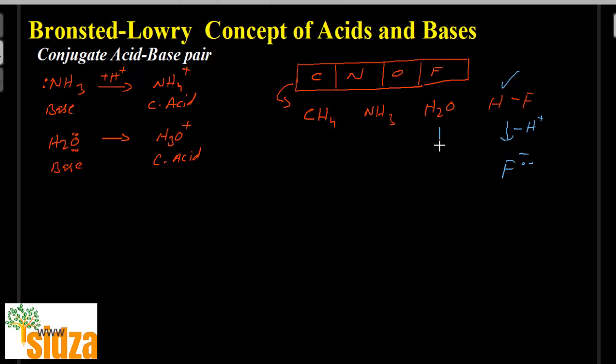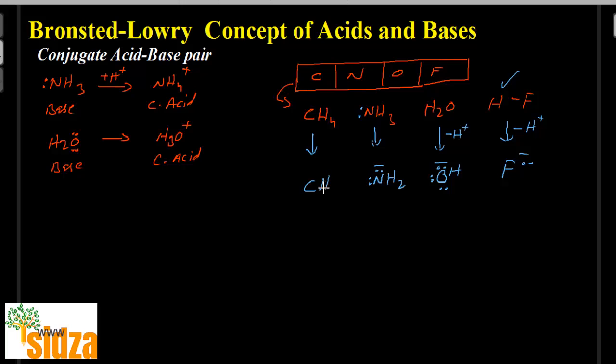Similarly, when a water molecule acts like an acid, it releases a proton and you get hydroxide ion, OH negative. If an ammonia molecule acts like an acid and releases one more proton, its conjugate base will be NH2 negative. And when methane, CH4, releases a proton and acts as an acid, its conjugate base will be CH3 negative.